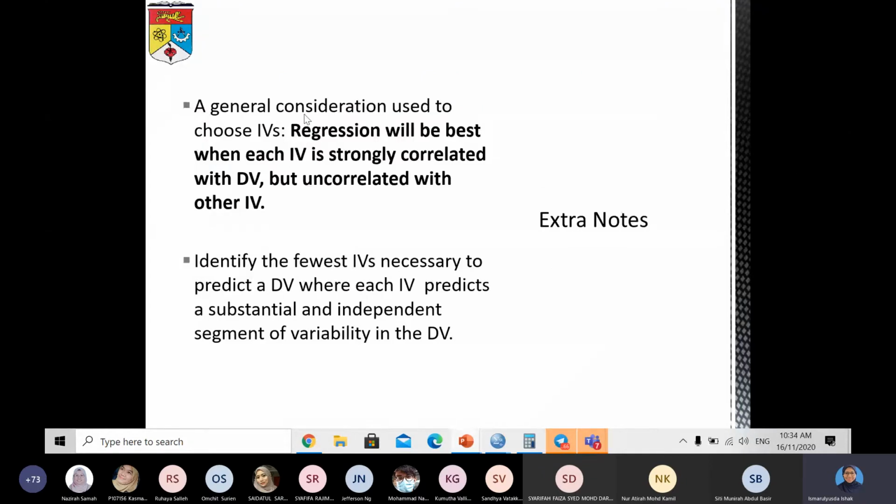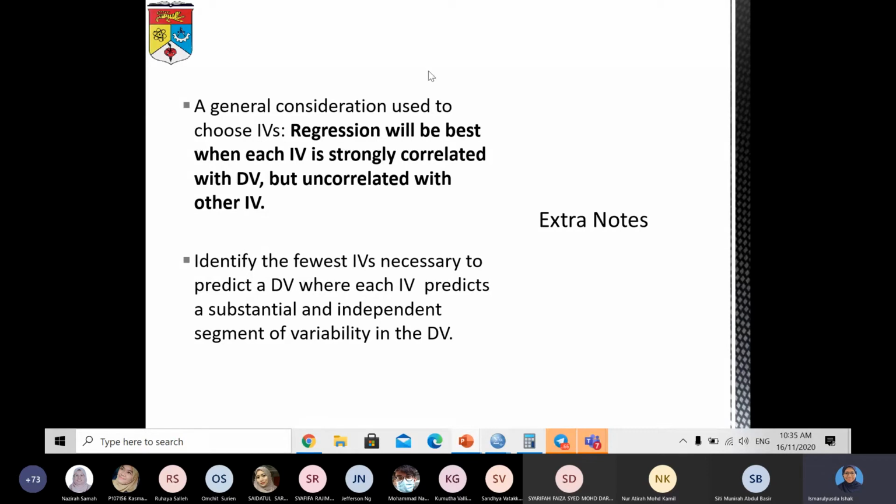So the general considerations used to choose IVs. If you have 100 independent variables, can all 100 be included in the equation? First of all, regression will be best when each independent variable is correlated with the dependent variable but uncorrelated with other independent variables.